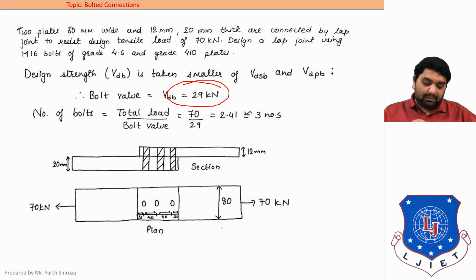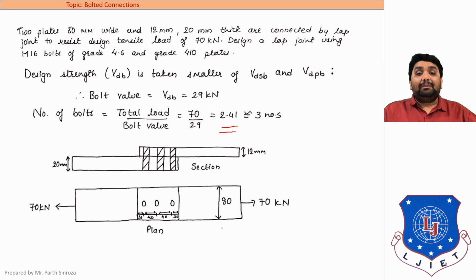So this will be our bolt value or the strength of bolt, which will be the smaller of VDPB and VDSB. Now we'll be finding the number of bolts, and for number of bolts the equation will be total load divided by bolt value. Total load as given is 70 kilonewton and bolt value we have calculated as 29. The value comes out to be 2.41.